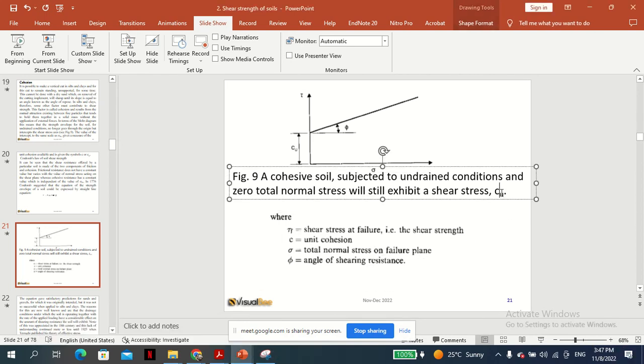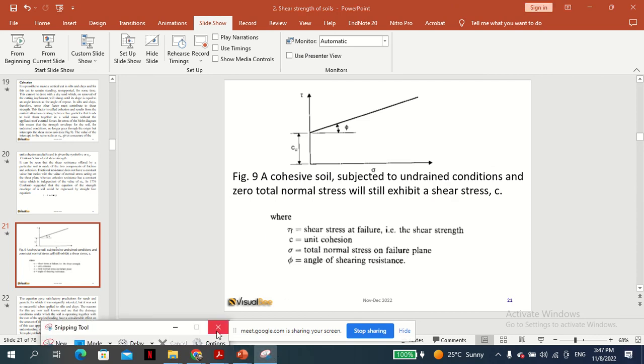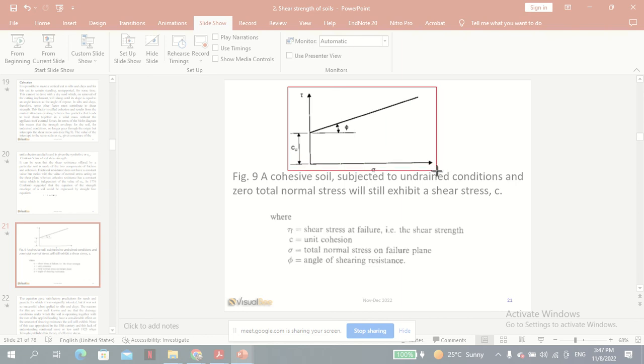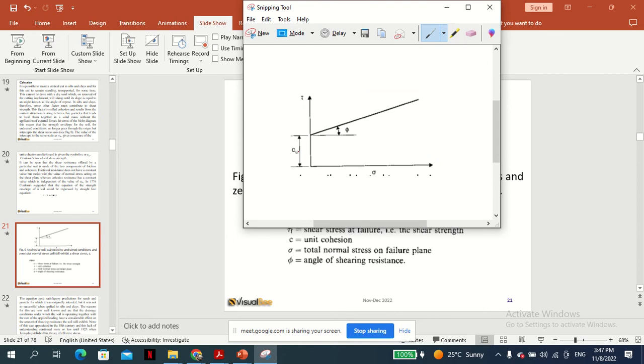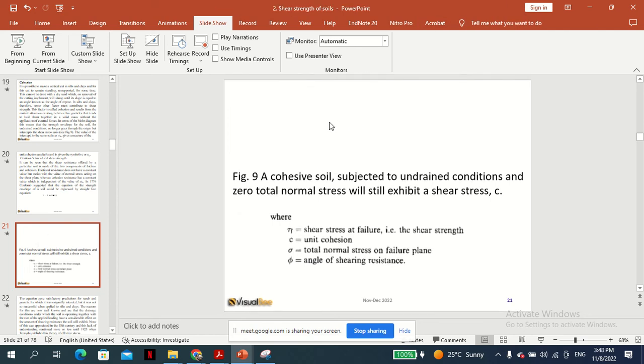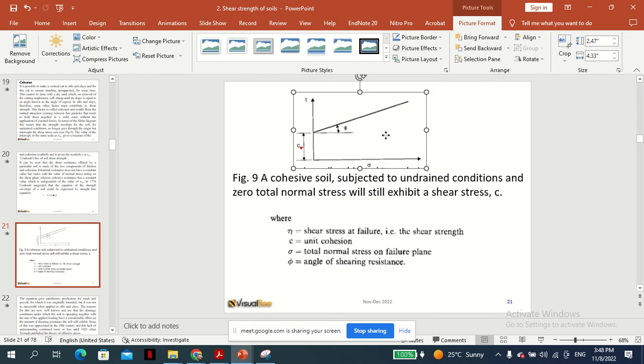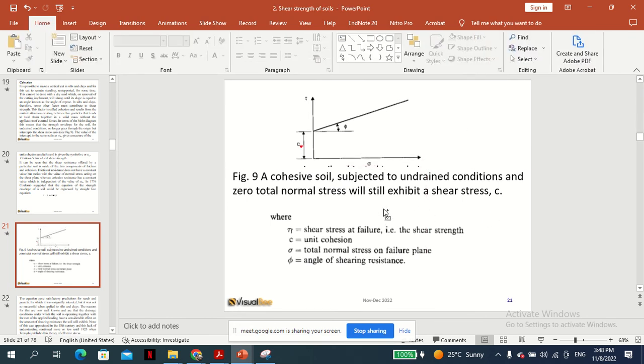So let's call this C, and then change this diagram accordingly. Let's just say that's C, not Cu.